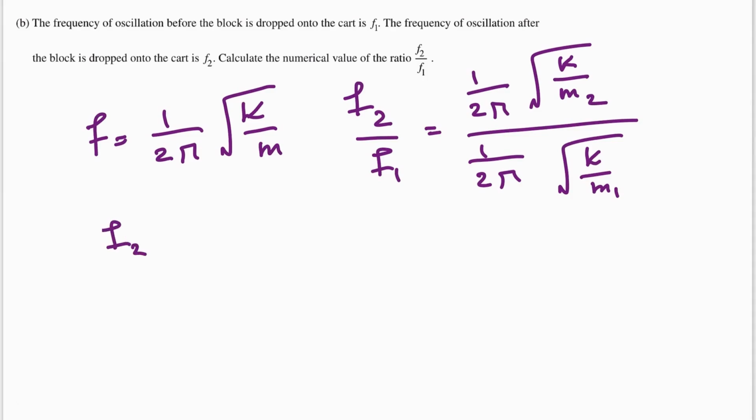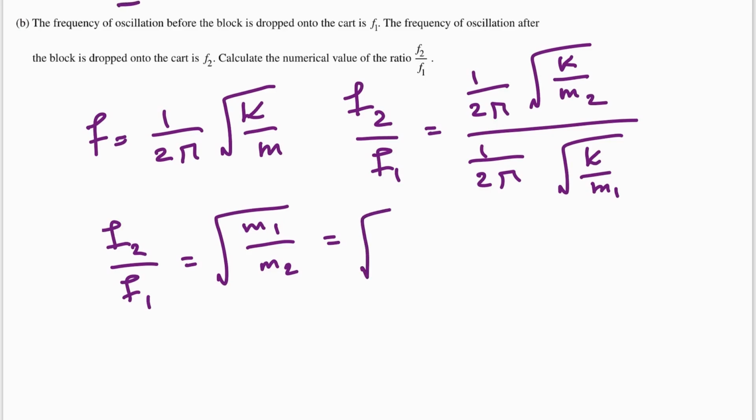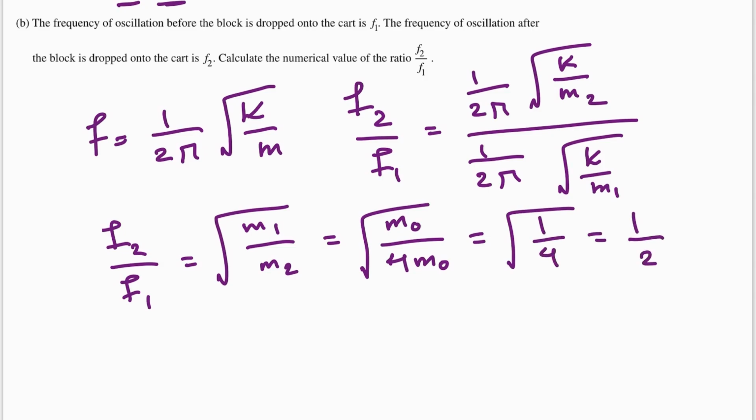So f2 over f1 is equal to square root of m1 over m2. So m1 is the mass of the system before the block is added, so it's only m0. And m2 is the mass of the system after the block is added. So it's m0 plus 3m0, so it's 4m0. And this is equal to square root of 1 over 4, or 1 over 2.